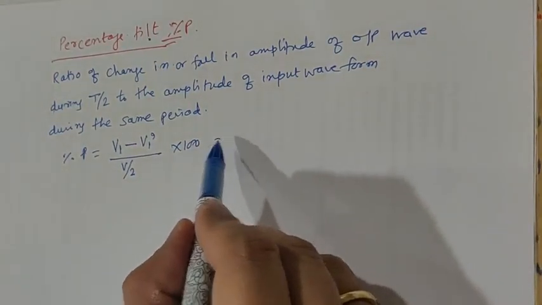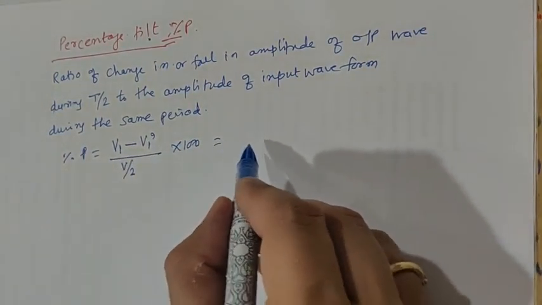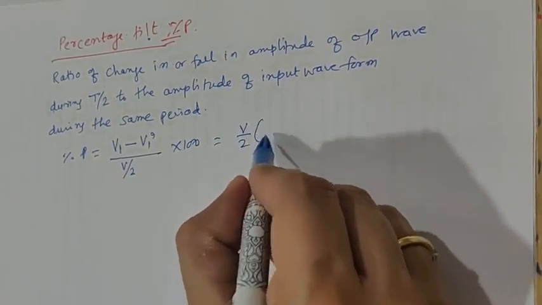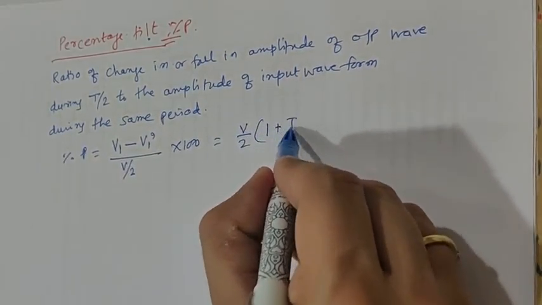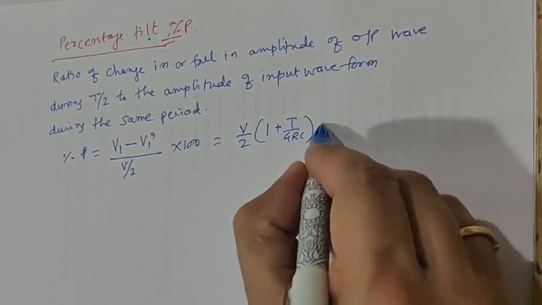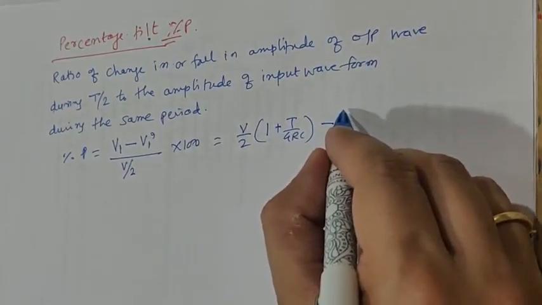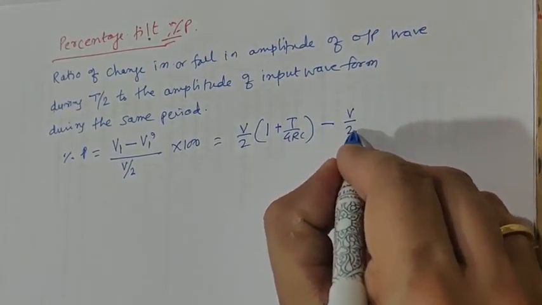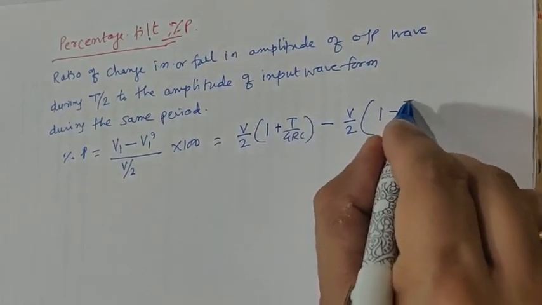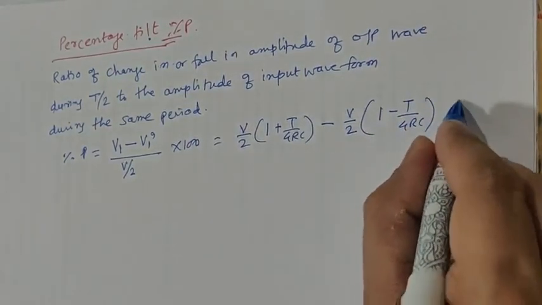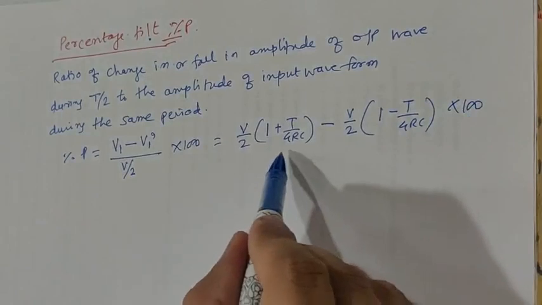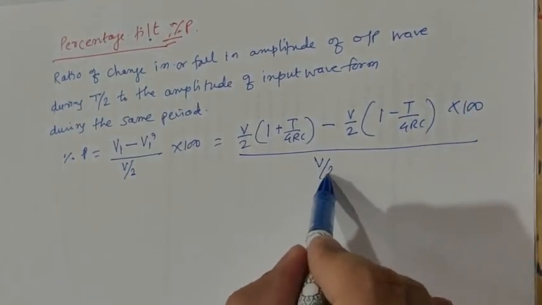Now let us put the values. So it is going to be, let us say, V by 2 times 1 plus T by 4 RC, minus V by 2 times 1 minus T by 4 RC, into 100, divided by V by 2.